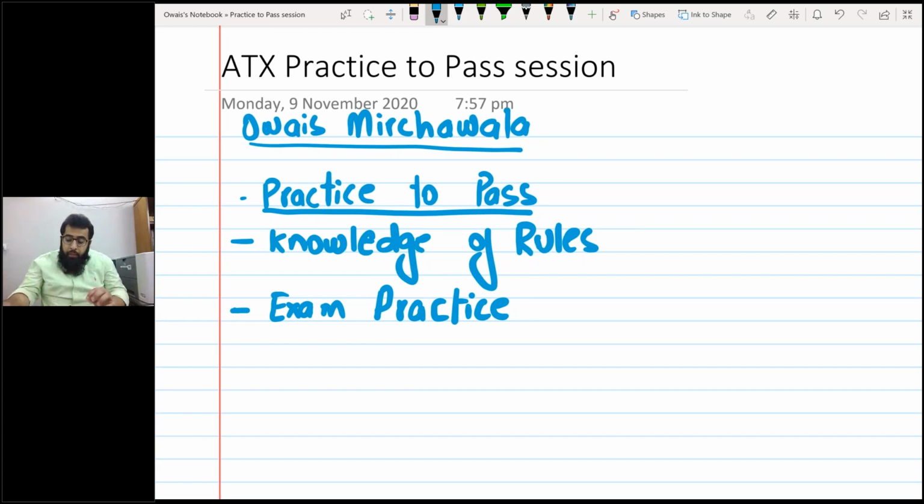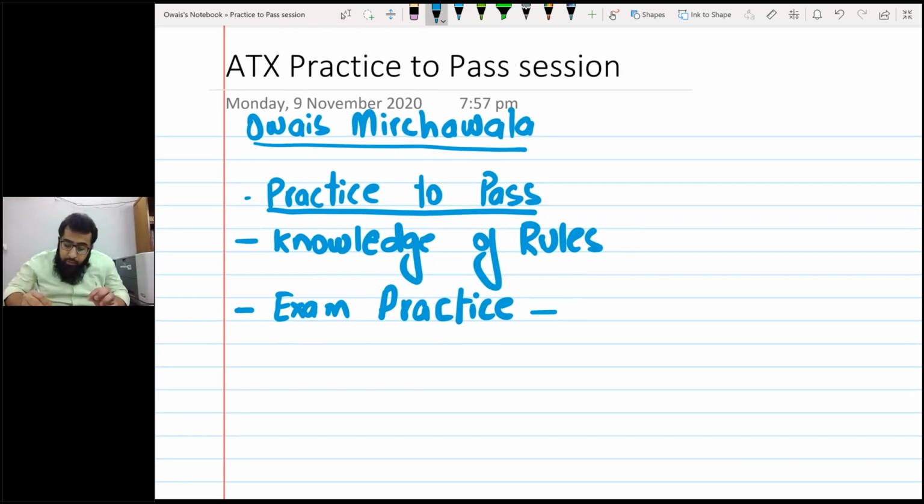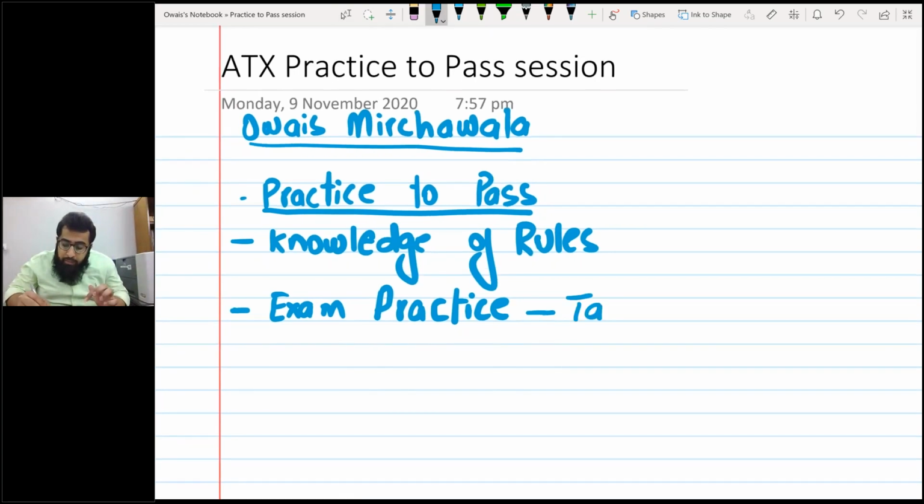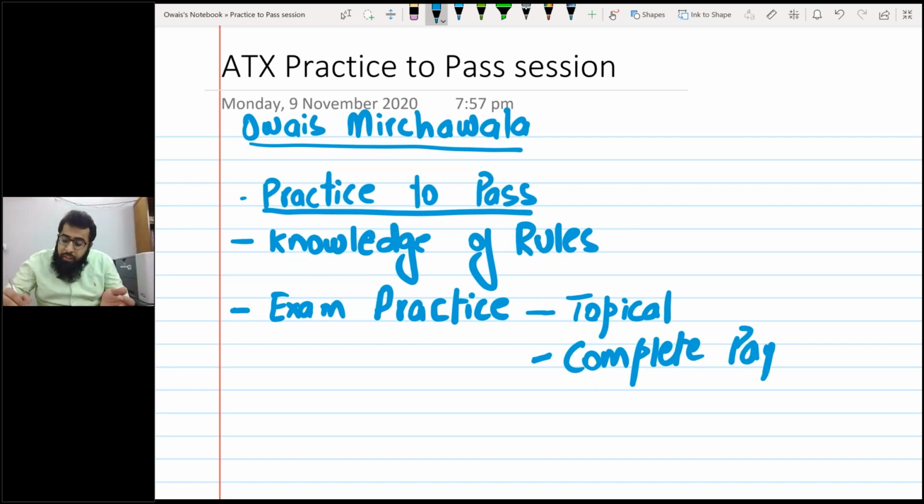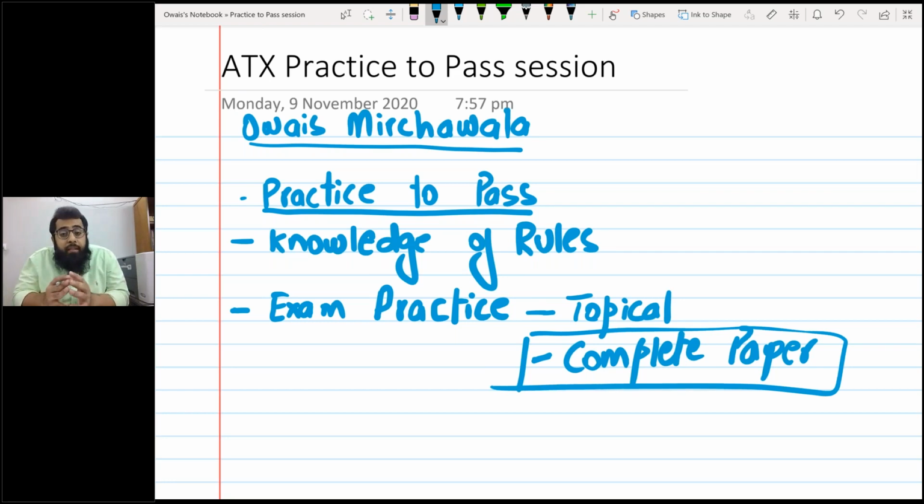So exam practice has 2 things. One is topical practice, which you do from your exam kit. And one is complete paper practice. The major reason for failure of students is that they don't do this complete paper practice. And why don't they do it?